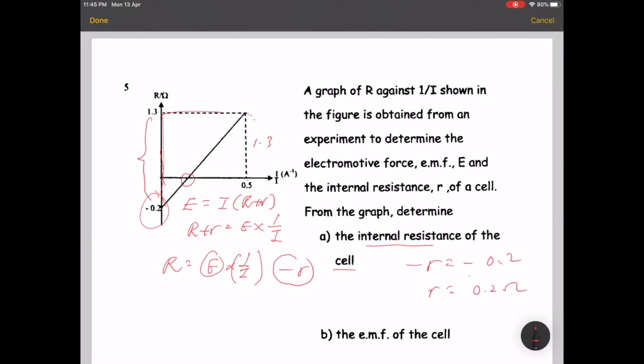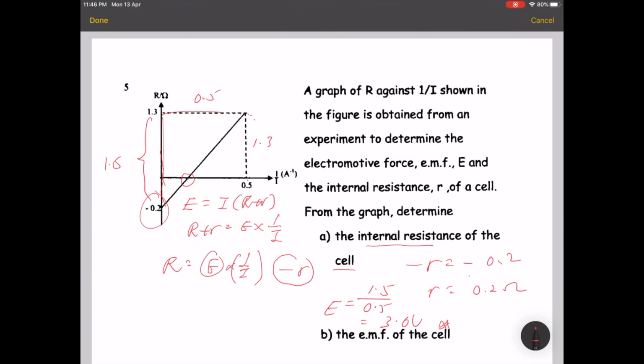So vertically, this one should be 1.5, and horizontally 0.5. So your EMF is equals to the gradient. Yeah? So it should be 1.5 divided by 0.5 to give you 3.0 volt. Is that clear?